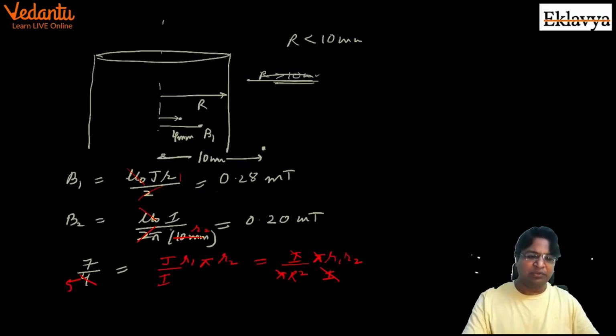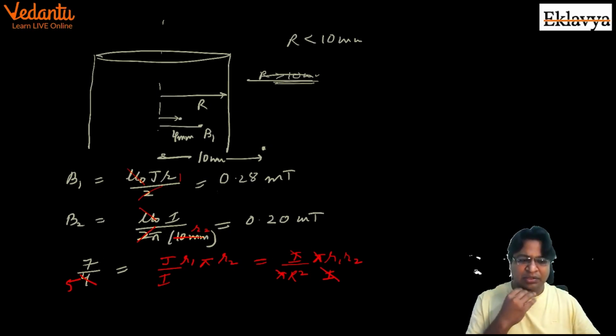So for an external point, the formula is mu naught I by 2 pi r. For this point, you can multiply this 0.2 with 10 and then divide by 6.